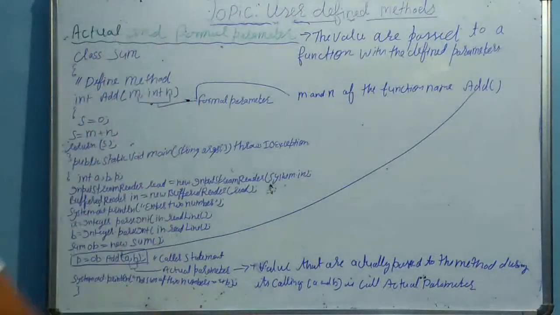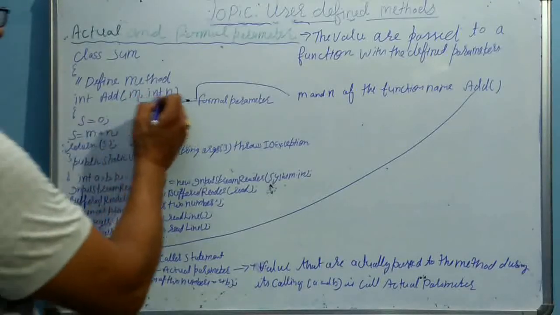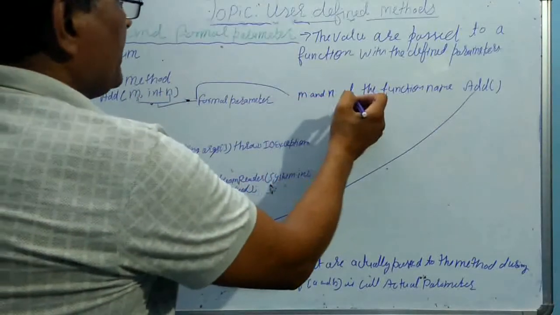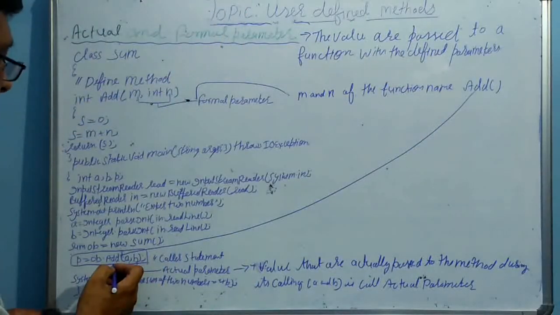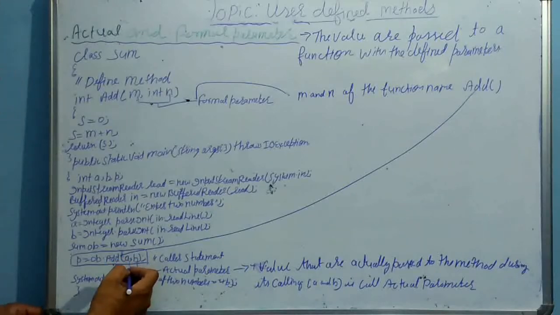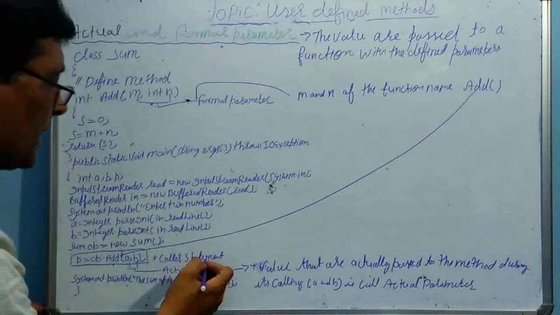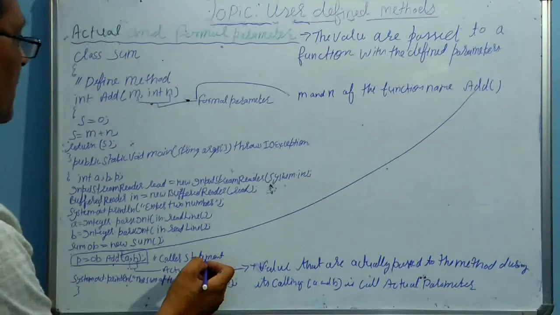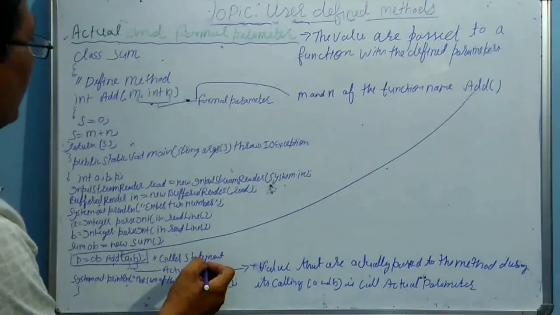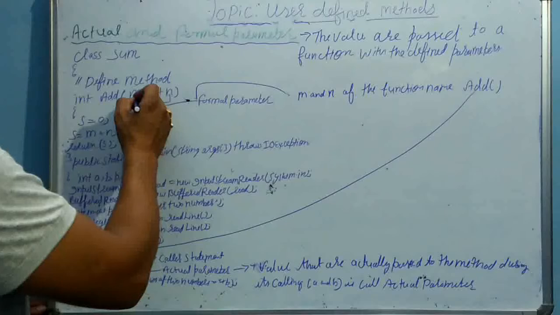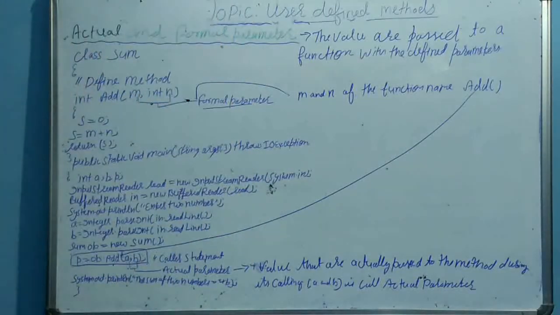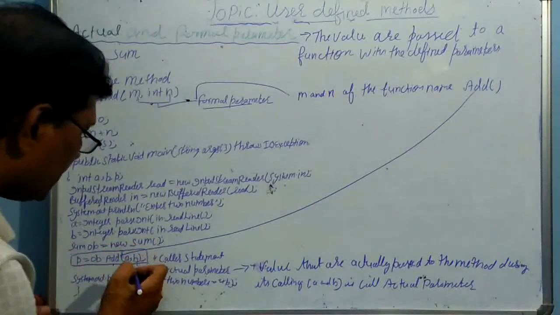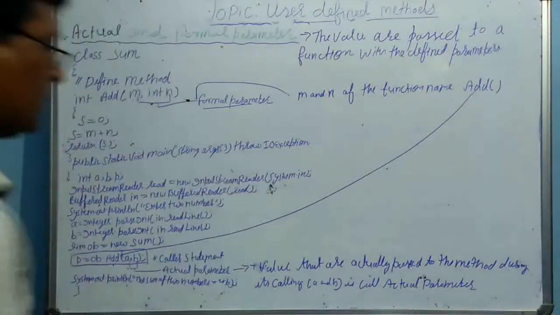Now you see this example. m and n of the function add are receiving the values from the caller statement, into the formal parameters m and n. So these a and b are the actual parameters.